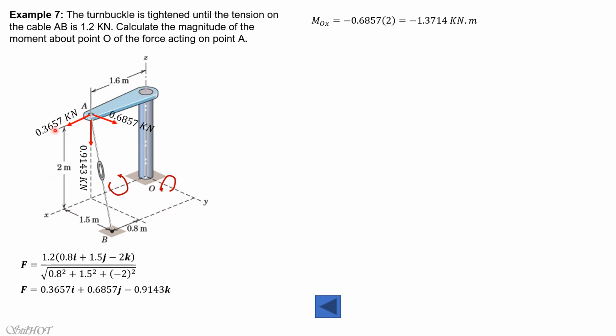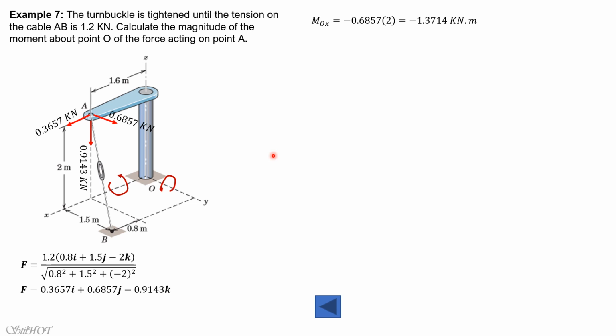So it is positive 0.3657 times 2. For the z component, it is also positive. It is the same direction. So you have to position your right thumb towards the y-axis, and you notice that the curling of your four fingers will be the same curling as the moment of this force, positive, moment of that force, positive.